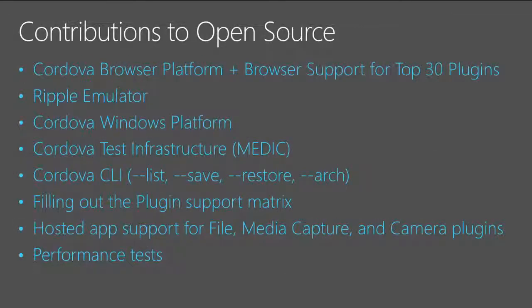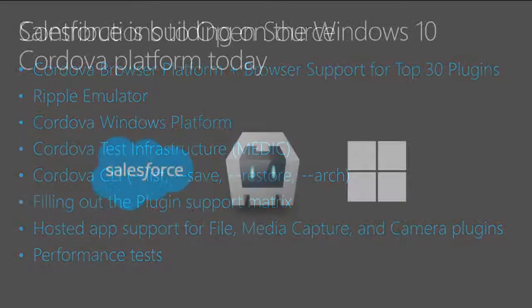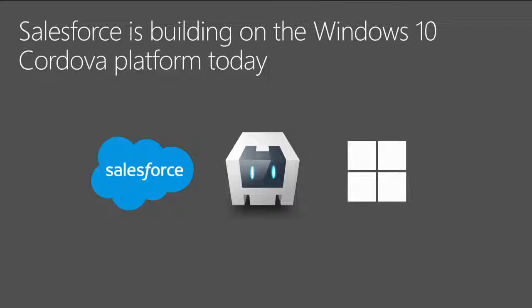And so we're committed to making this platform work all up. I'm not going to read off a long list of contributions that we've made in the last year to open source. If you're interested in any of these or you want to contribute to these projects, because Lord knows we love community participation, I encourage you to come up and talk to me after the talk. And as a result of all this, we do see adoption from a lot of big companies. We've got Salesforce.